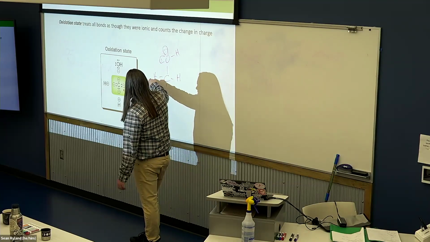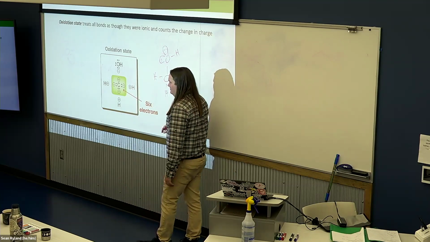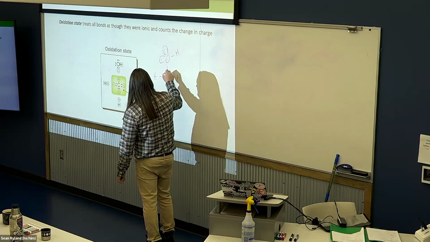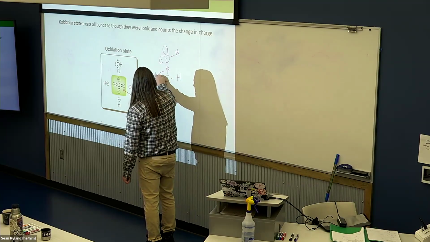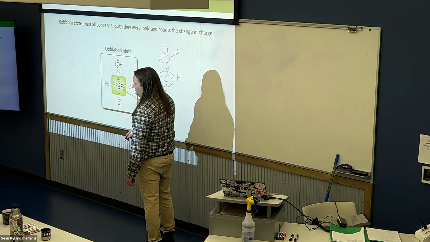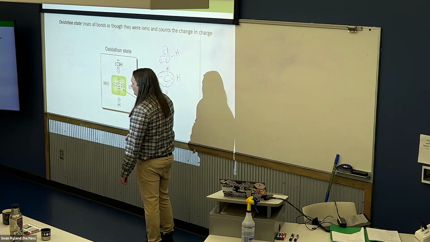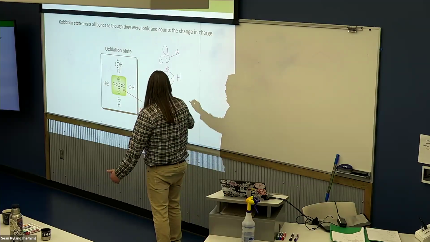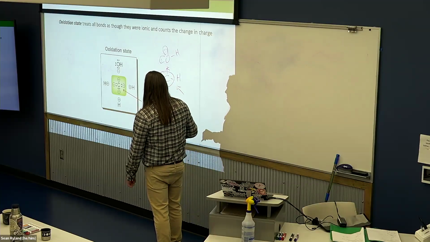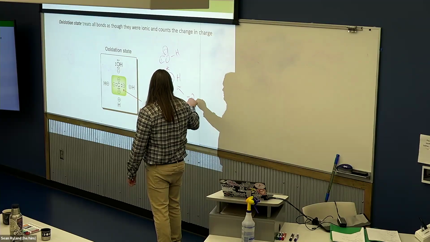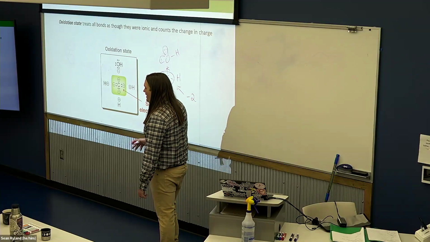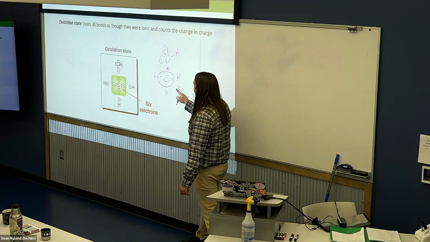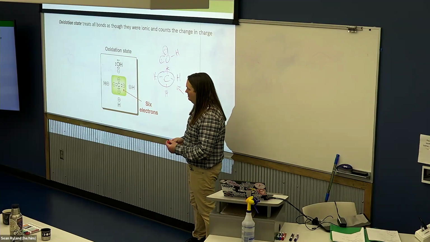But then this carbon is more electronegative than the hydrogens. So the carbon doesn't get those electrons, but it does get all 6 of those. If it has 6 electrons, and on the periodic table it only had 4, the oxidation state on that carbon is -2. It doesn't really have a -2 charge. This is just a way to think about how electron rich it is.